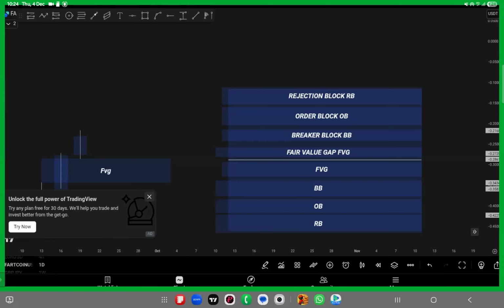All right, please pay attention. This is the reason why I use the order block. The order block is the one that tells you more about the smart money guys.